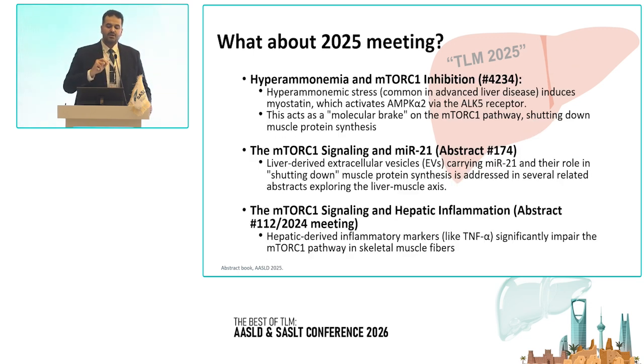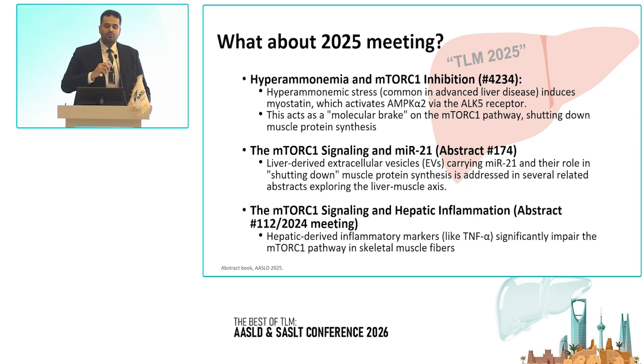Also, in the persons with chronic advanced liver disease, they have some sort of hyperammonemic stress, and this can be inducing high level of myostatin and applying some molecular brakes in the mTORC pathways, causing muscle wasting and causing liver fibrosis and steatosis.